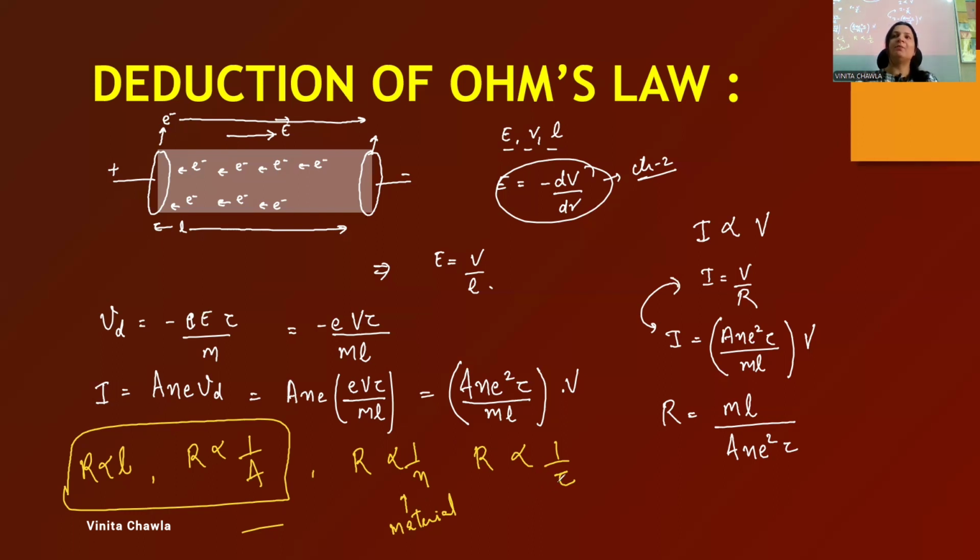So we can relate temperature and relaxation time. How do we relate temperature and relaxation time? Tell me. कैसे relate करोगे? See, if we increase the temperature, suppose I'm heating it, temperature increase कर दो इसको. If we increase the temperature of the conductor, then electrons get energy in the form of heat.